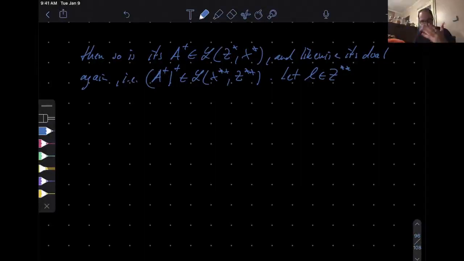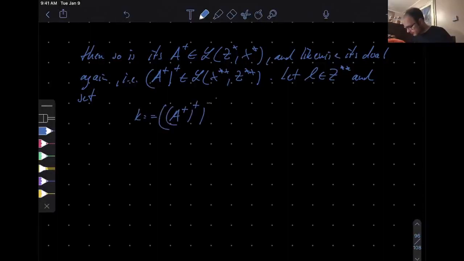So I have to take an element L in the bidual and show that it is in the image of the canonical map on z. That's the goal. This needs some trickery. When I wrote this proof, it also took me a while to figure out how to define these elements.